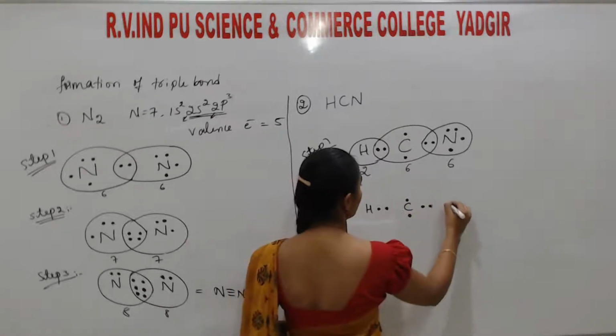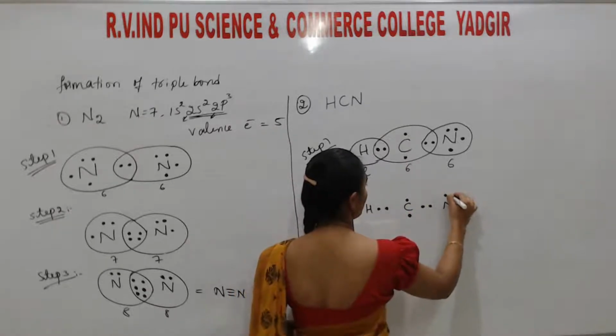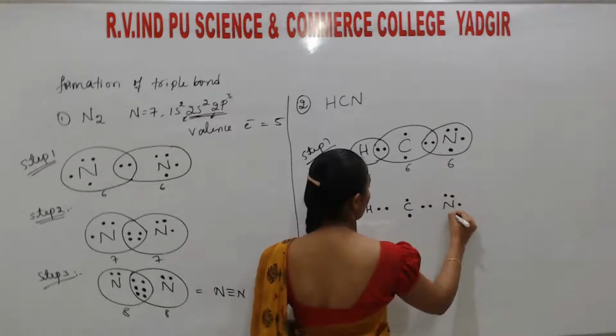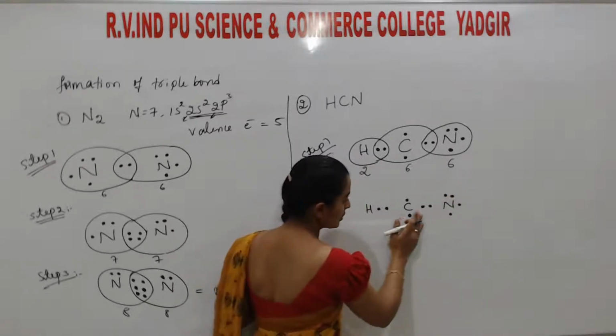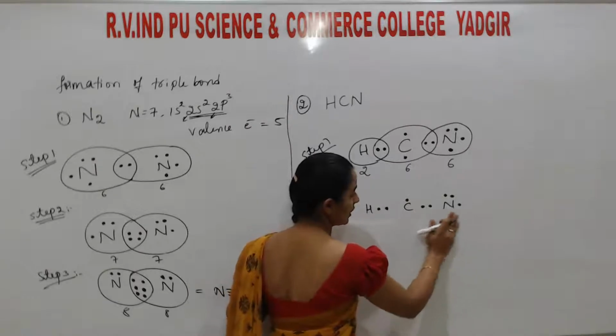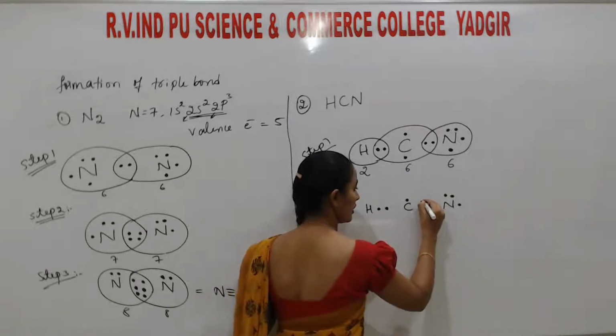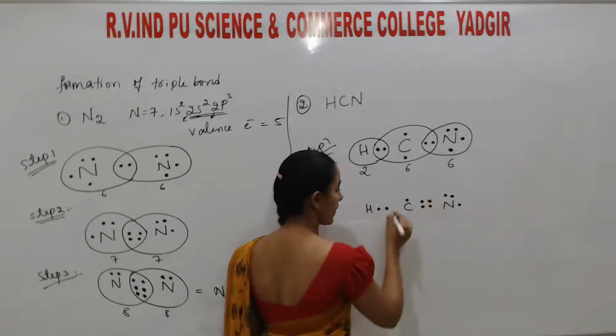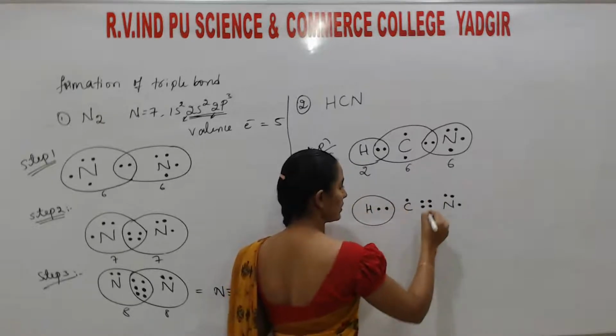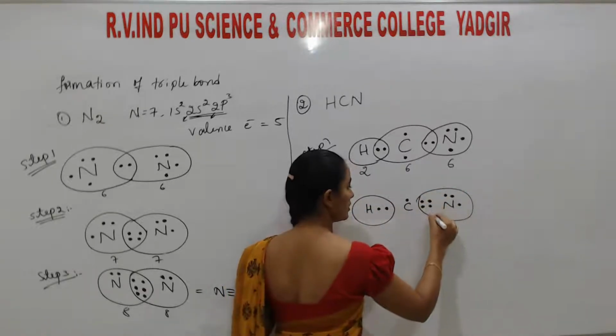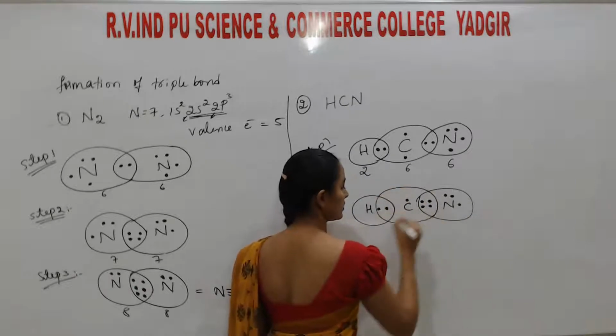One electron is here, nitrogen. So remember here students, one electron of this carbon, one electron of this nitrogen, again form a bond here. This is one set.